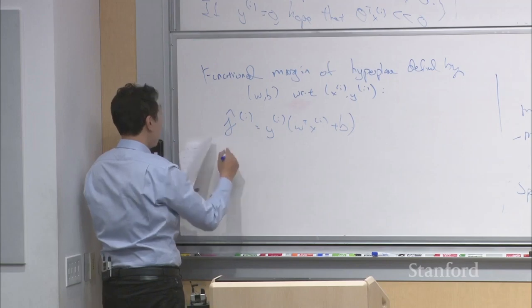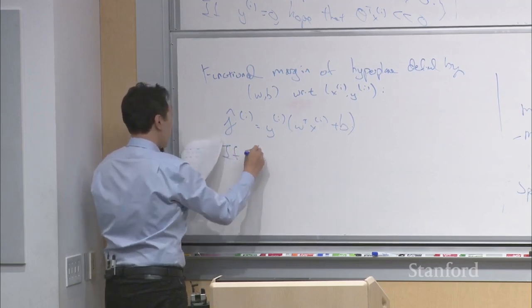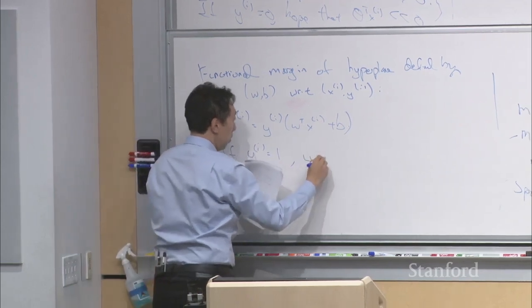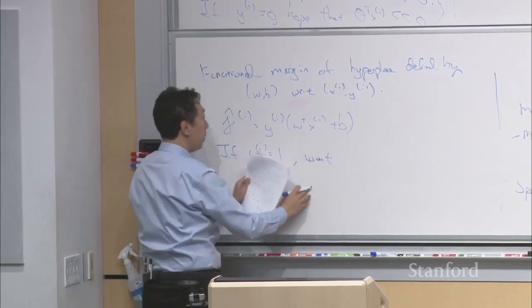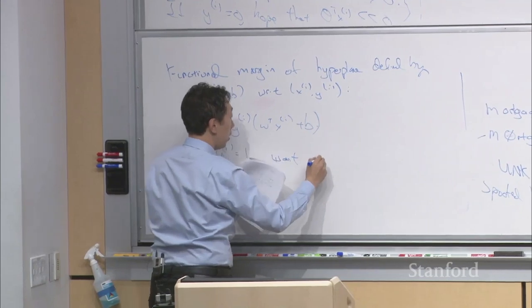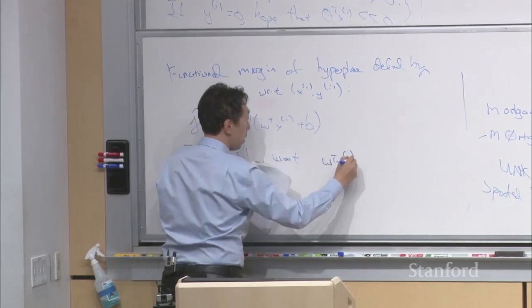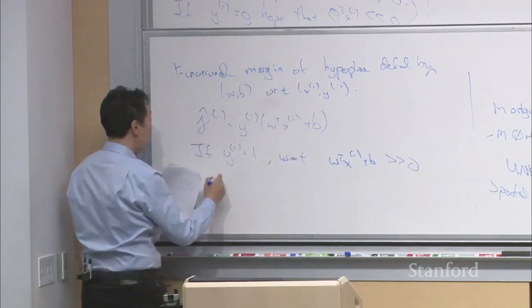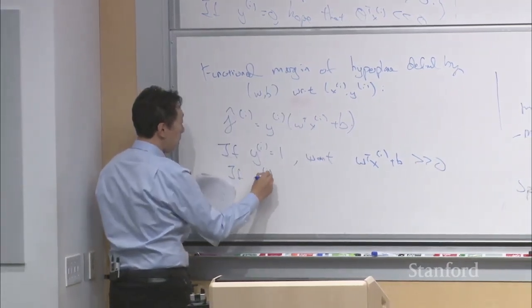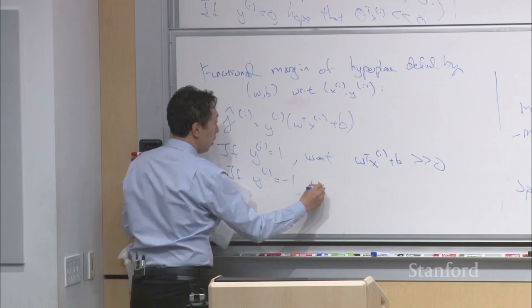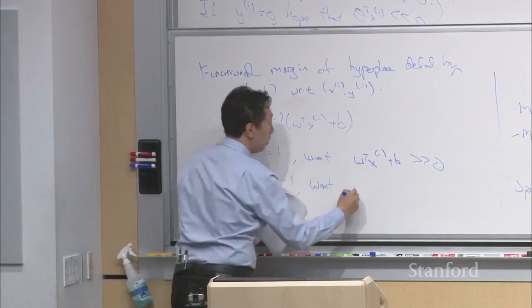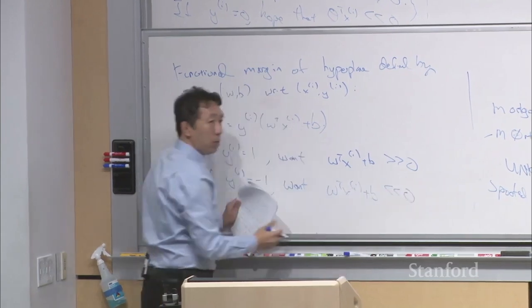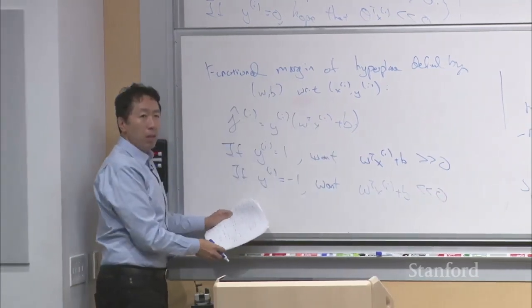And so if yi equals 1, then what we hope for is that W transpose xi plus b is much greater than 0. And if the label is equal to -1, then we hope that this is much smaller than 0.